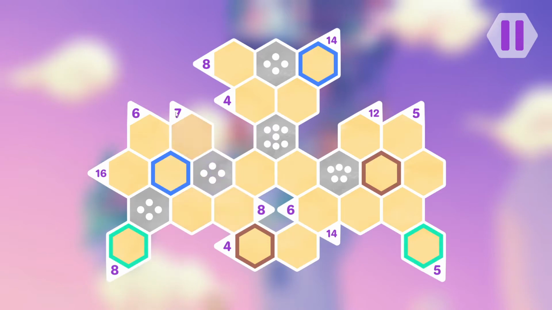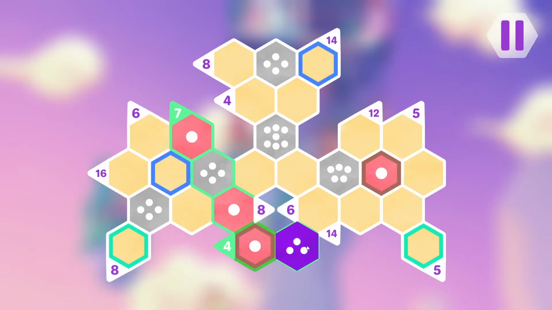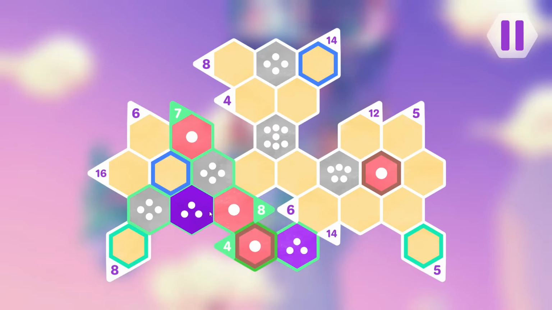Okay, so let's look at this 7. We have 4, so only 1s for this row, so we have 3 remaining. What else? We have 4, 1, 3 remaining. So this is 3 and 5.